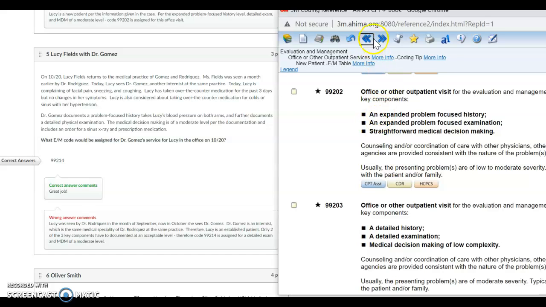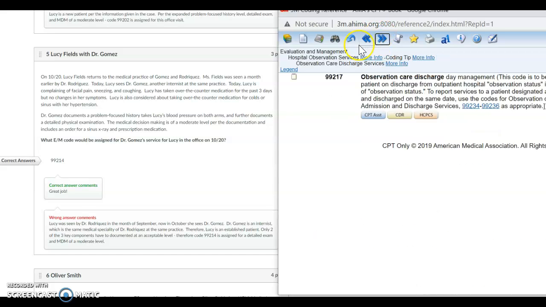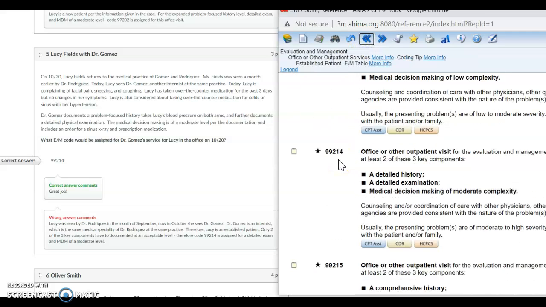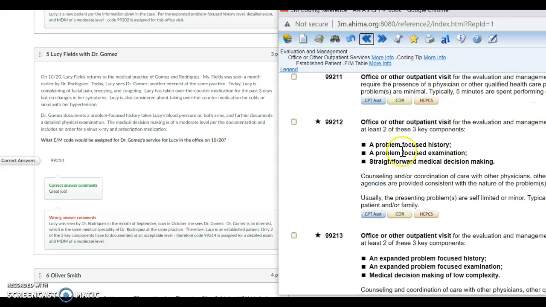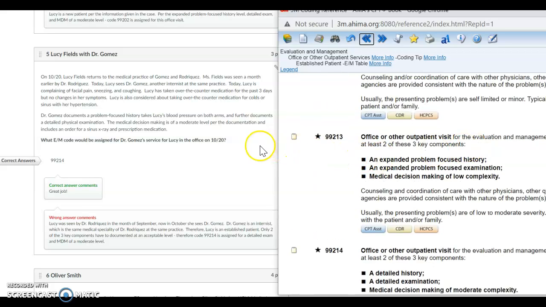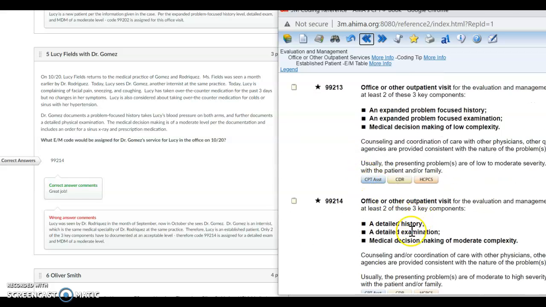So let's go ahead and check out what we have going on here. Keep in mind, we only need 2 out of the 3 key components. So we have a problem-focused history, which is way down here to 99212. They probably didn't take that big of a history because they took a history last time. With that, we also did a detailed examination.